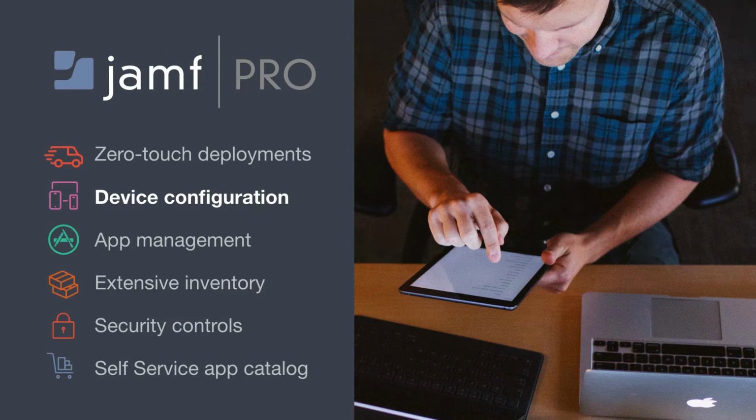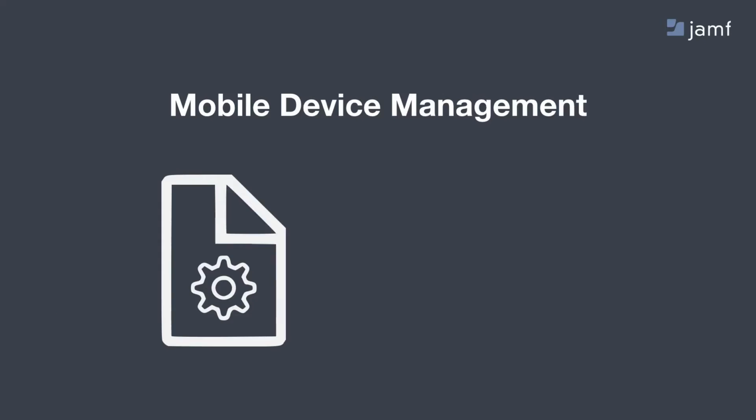We've deployed the devices. Now we want to configure them with the right settings. This is Mobile Device Management, or MDM. And MDM is the built-in management framework to all of Apple's operating systems. macOS, iOS, and now even tvOS has MDM built into it.